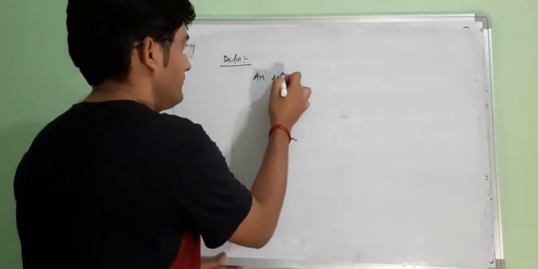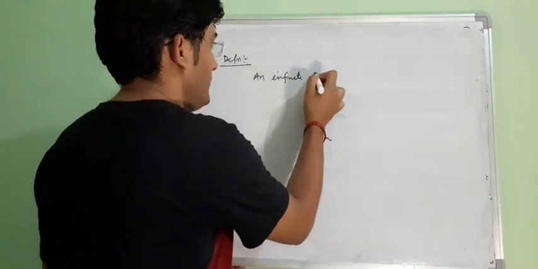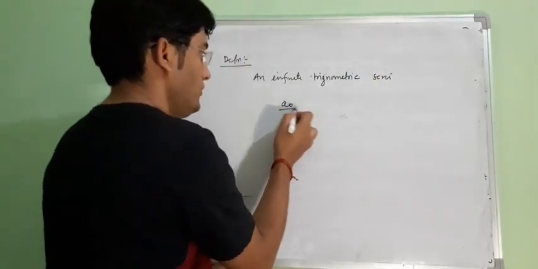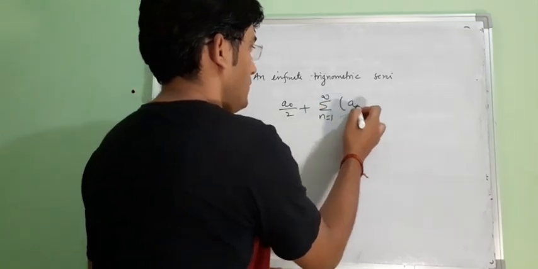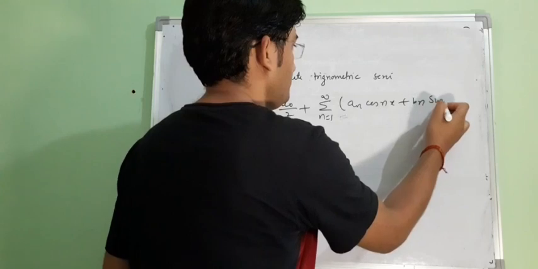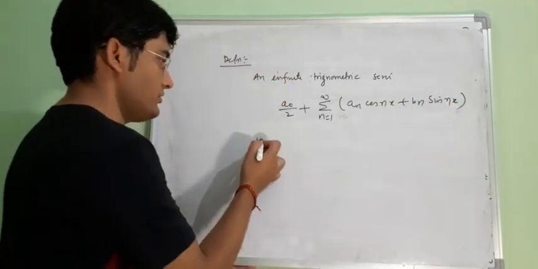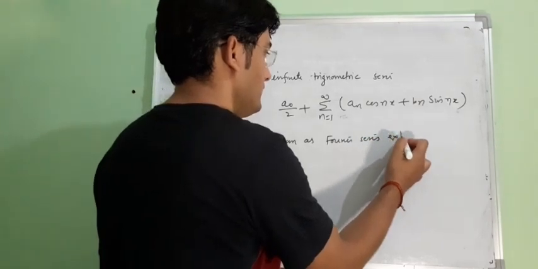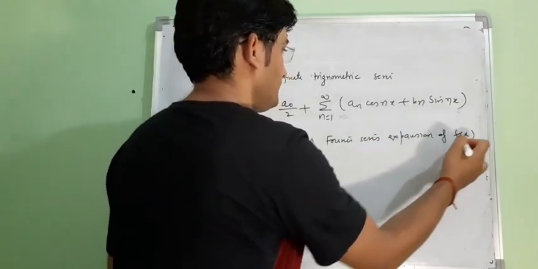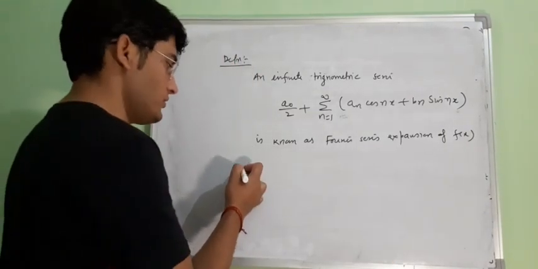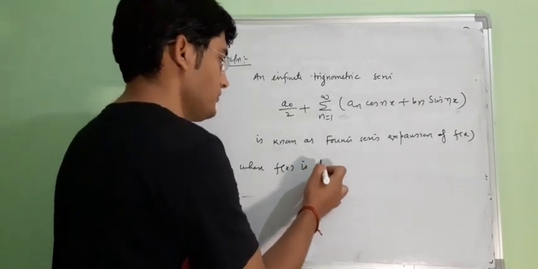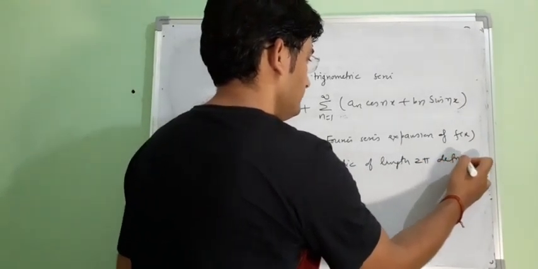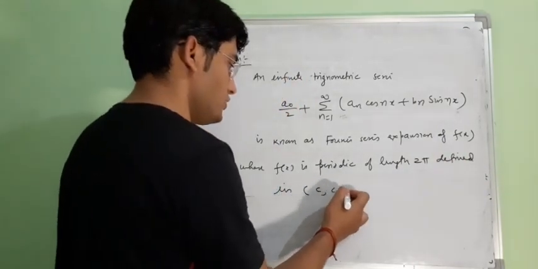An infinite trigonometric series a0 upon 2 plus an cos nx plus bn sin nx is known as Fourier series expansion of f(x), where our f(x) is periodic of length 2 pi, defined in interval c, c plus 2 pi.